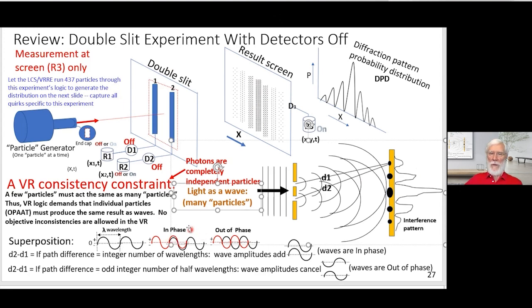Now, the problem that reality had was, of course, particles are supposed to go in straight lines, but if they do, there's going to be an inconsistency in the reality because the particles don't interact with each other. And whether you have a few particles or only one particle, you have to get the same result.